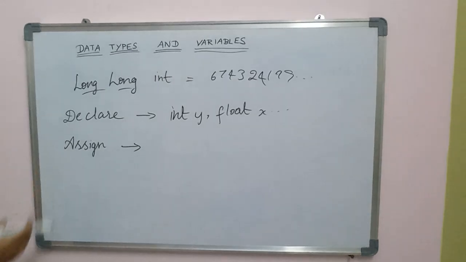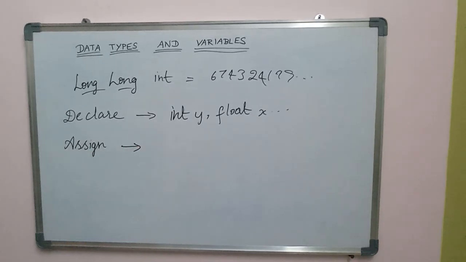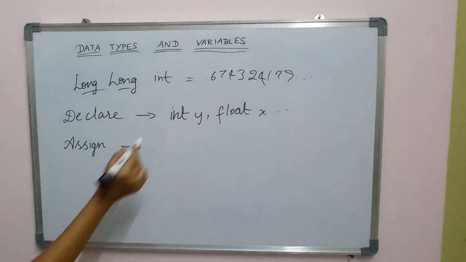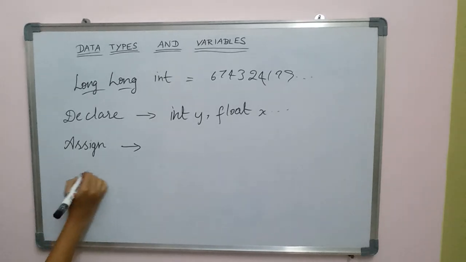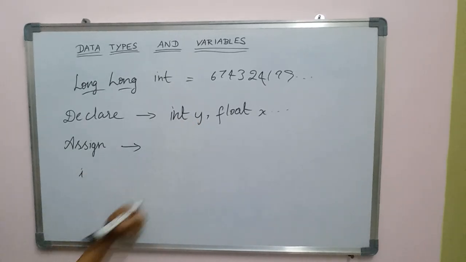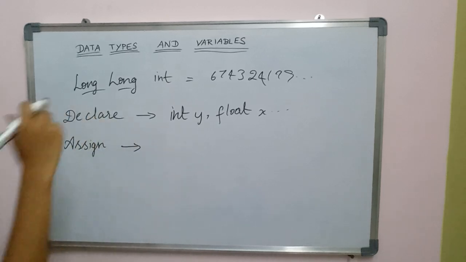Now what is the meaning of assignment? Assignment is giving some value to the declared integer or float, the declared data type. Let's see how to do that. Suppose I have declared this variable once in my program, and I don't want to declare it again.